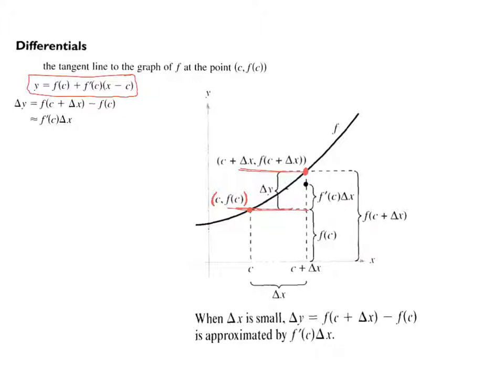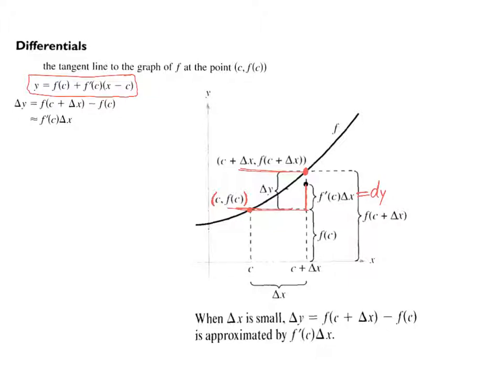Now this delta y, if we look at this diagram a little bit, you'll notice that f prime of c times delta x is this distance right here. That, from above, is what we called the dy.